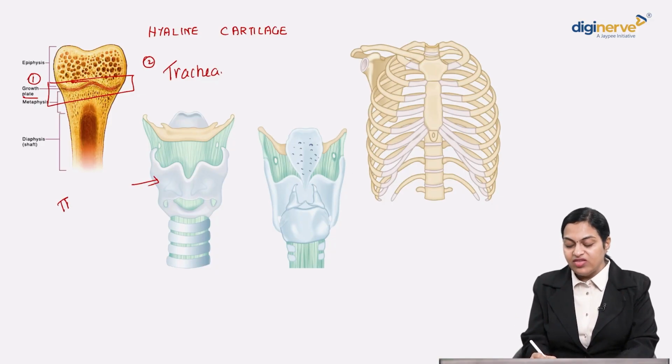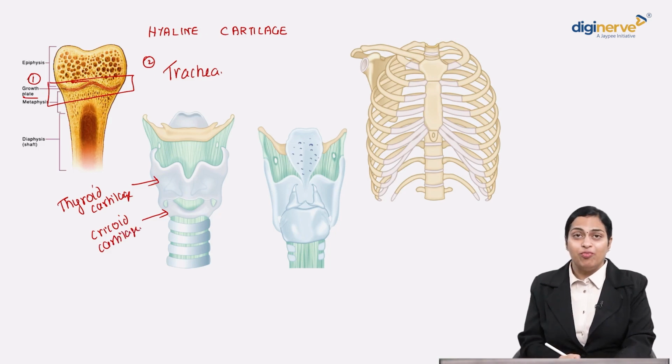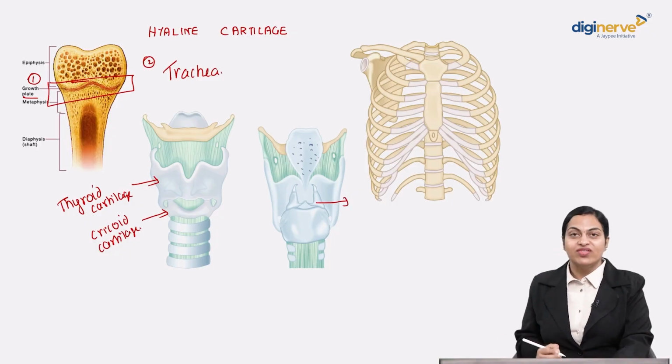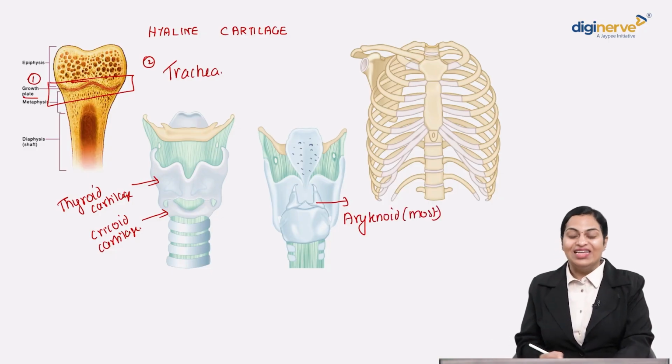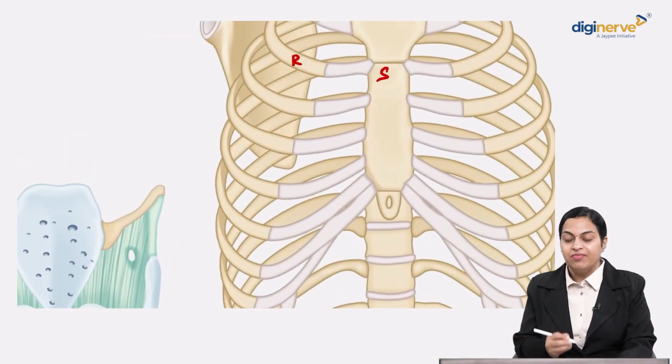Again, the cartilages of the larynx, the thyroid cartilage, the cricoid cartilage is made up of hyaline cartilage. And can you identify what is this cartilage of the larynx? Arytenoid. Most of the arytenoid is made up of hyaline cartilage. You can see the ribs here, the sternum here.